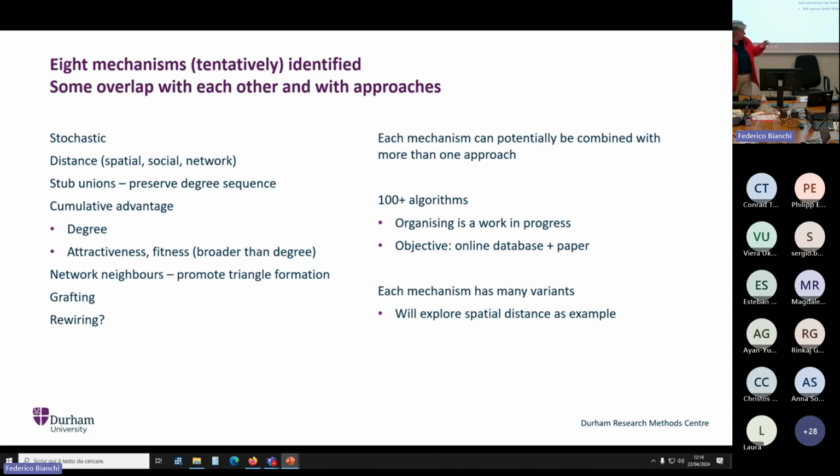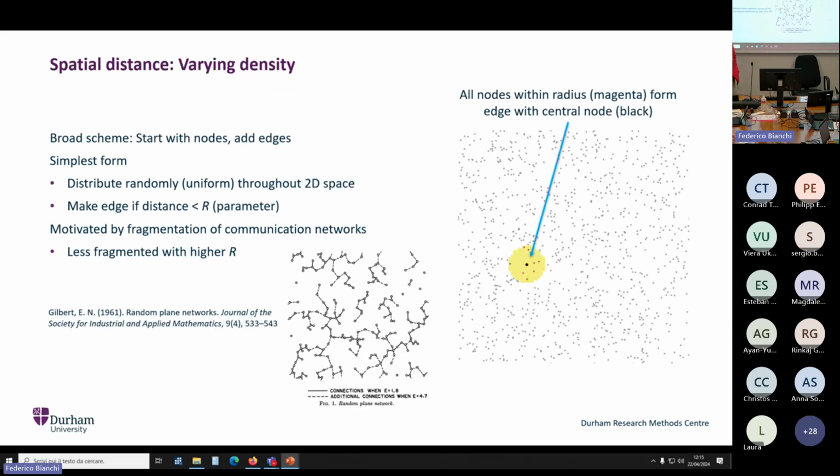And what I'm going to do is just go through spatial distance to give you an idea of some of the richness of these mechanisms. So the simplest form of using spatial distance is Gilbert's plane networks, random plane networks.